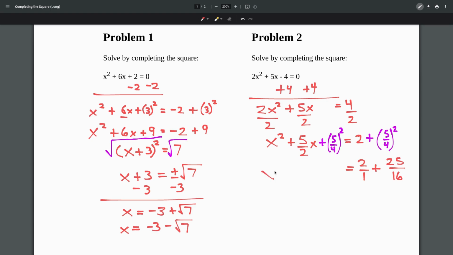And then on the left hand side we've got x squared plus 5 halves x plus 25 sixteenths. Okay, now notice here this is a perfect square trinomial, so this is going to factor into x plus 5 fourths squared.